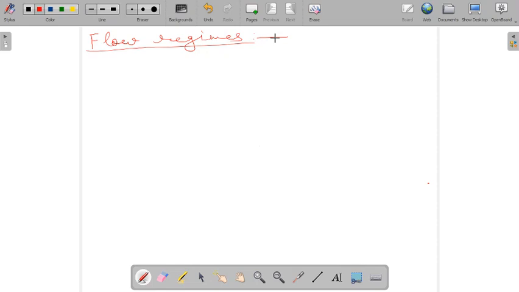So whenever I explain these flow regimes, I will take the help of an airfoil structure. Okay, say I have one airfoil. This is the typical shape of an airfoil. This will be my solid object.